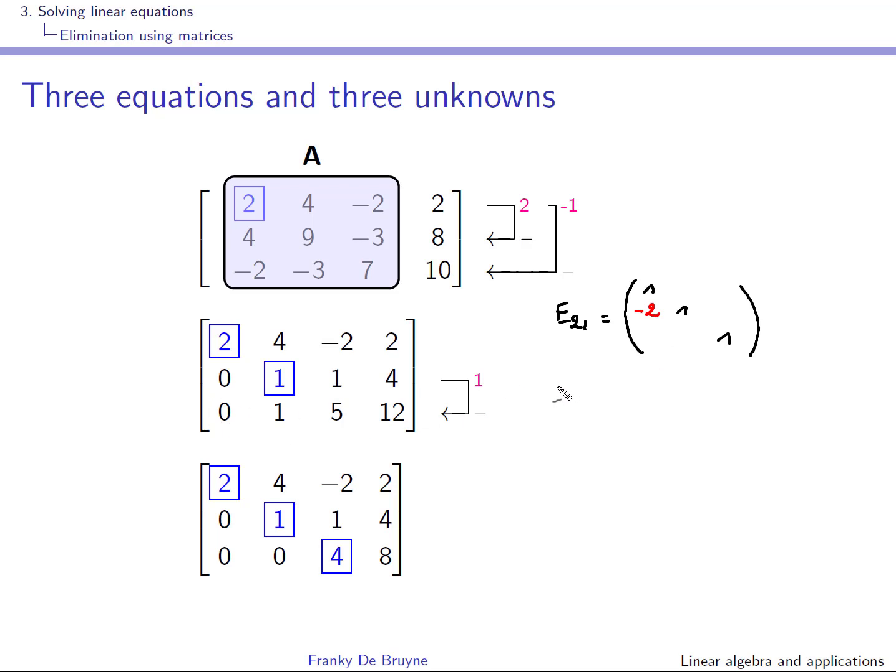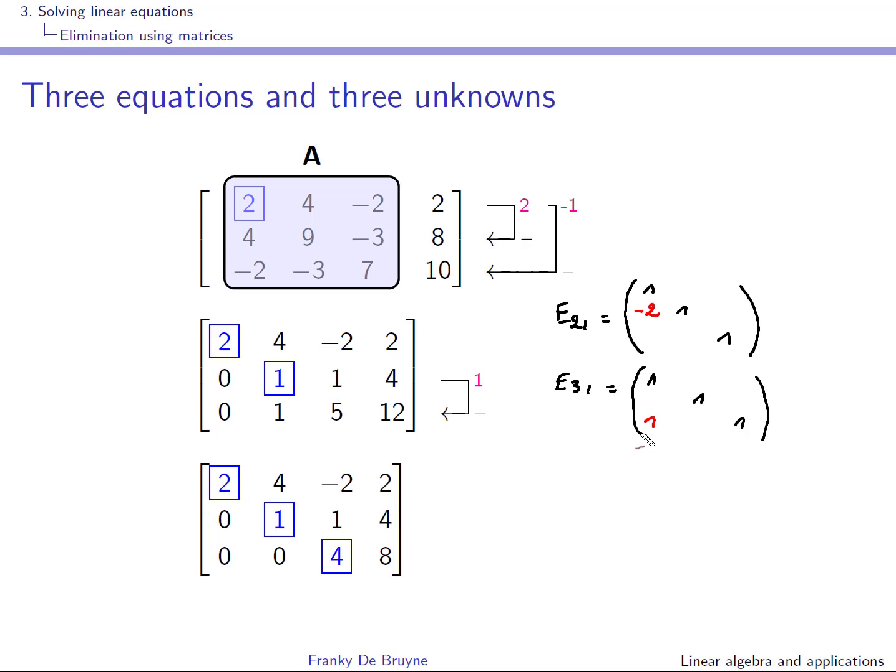E31 will be, well, you do the same thing. It's an identity matrix where the element that you want to make 0 is replaced by the multiplier with a minus sign. So this will give me a 1 over here.